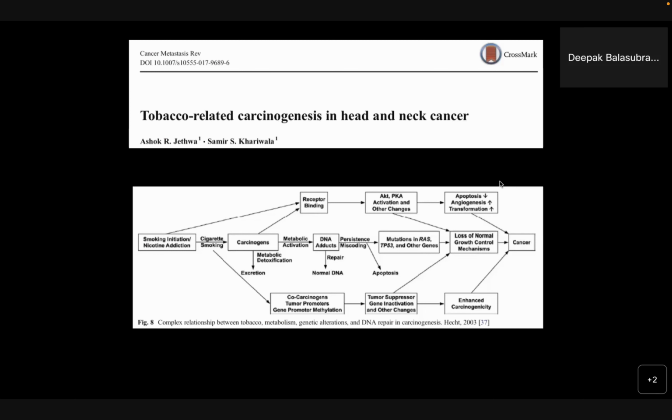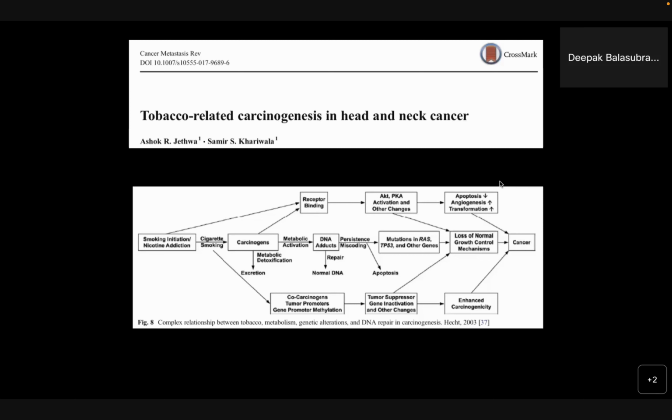Detoxification results in excretion of the metabolite, and activation causes DNA adducts. And again, there are two outcomes of these DNA adducts. Either they can be repaired to form normal DNA, but when these DNA adducts persist, there can be mutations in RAS, TP53, and other genes. And then there is loss of normal growth function, and there is carcinogenesis.